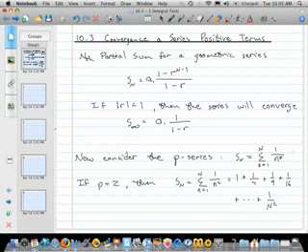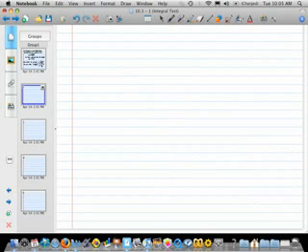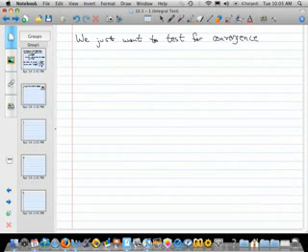All right, so we're not going to be able to find necessarily where it converges, but we just want to see if it will converge. We just want to test for convergence. Double underline that.